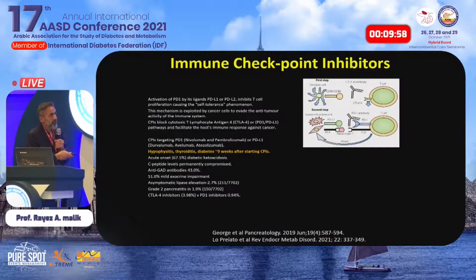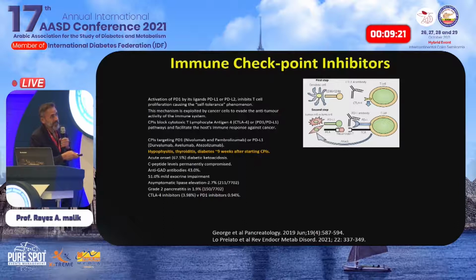So the immune checkpoint inhibitors are based on a mechanism of action where normally you have programmed death 1, a cell surface molecule expressed on T cells and B cells. Normally PDL1 and PDL2 bind to PD1 and they inhibit T cell proliferation, causing the self-tolerance phenomenon.